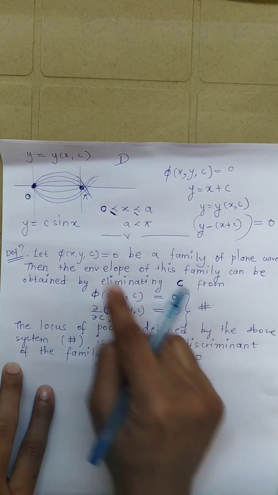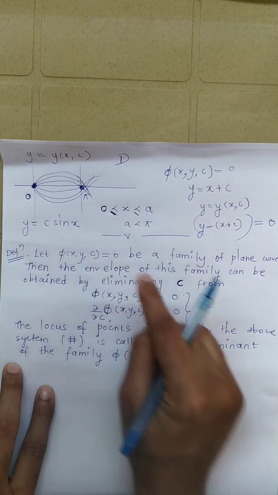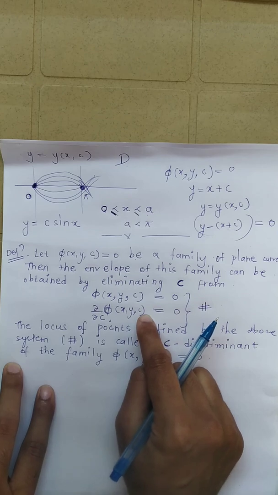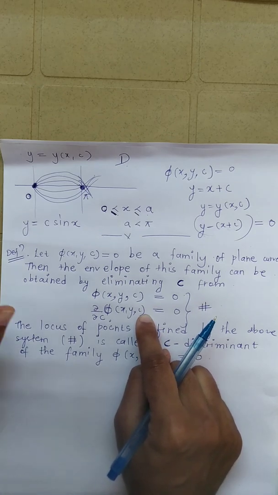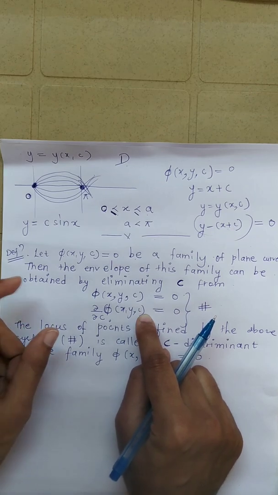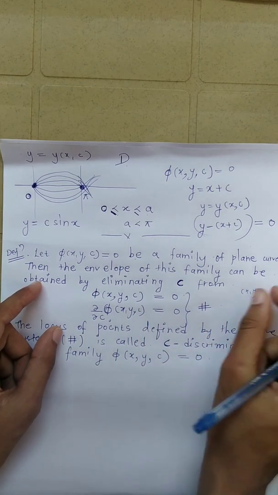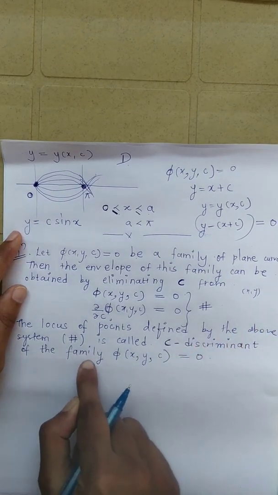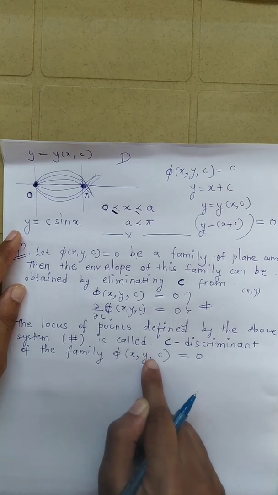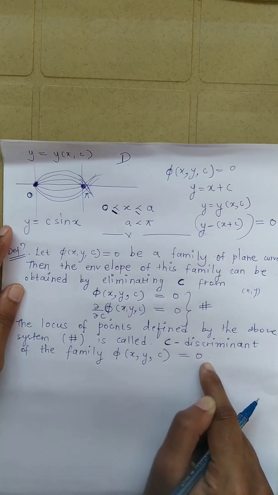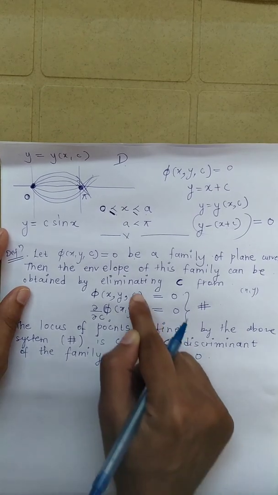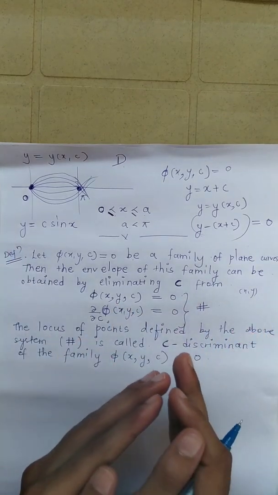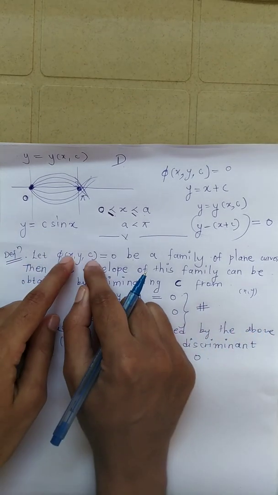That means for this particular family of curves, we can take these two equations and eliminate c from them, and whatever locus of points we get, that means whatever set of coordinates x y we get, those points are called the C discriminant of the family phi x y c equal to 0. So we will solve these two equations to eliminate c and get some points, and those will be called the C discriminant for this family.